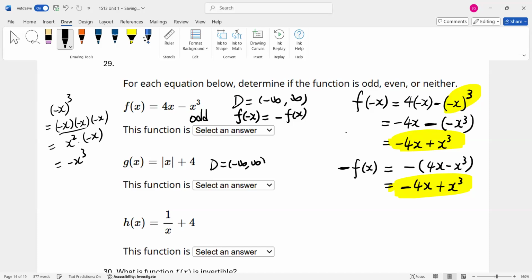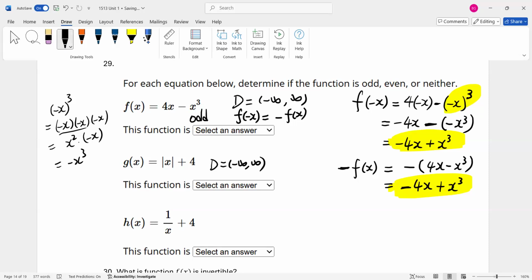How do I know? Mainly when we find the domain for a function, we are trying to find the restriction on the input. If you have no restriction on the input, then the domain is going to be all real. So this function has no restriction. There's no square root, no denominator, so it's all real, okay?